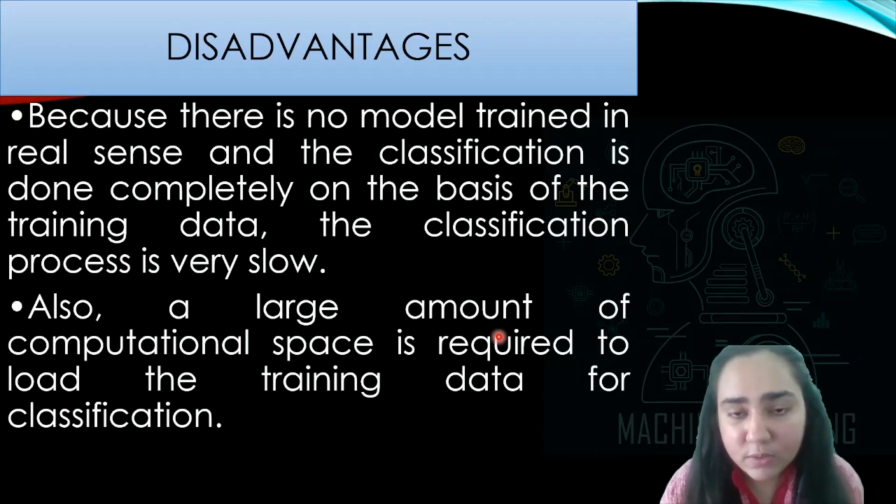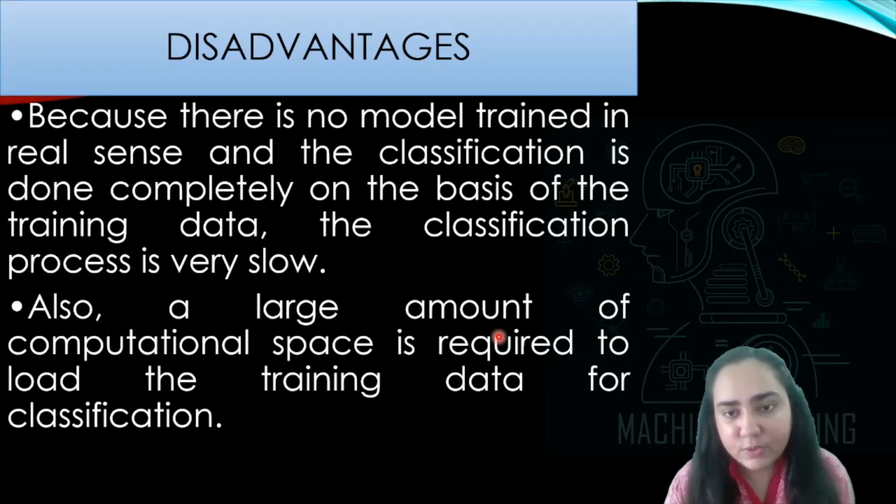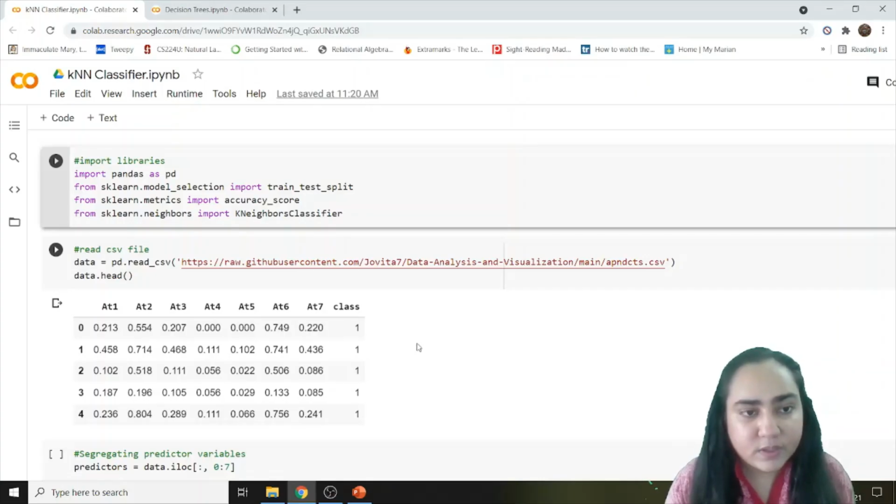Now we're going to take a look at a small program that shows you how Bayesian classification works in practice. So here is the KNN classifier implemented. And to do the implementation, we have to first import certain libraries. So we are going to be using the pandas library for reading our CSV file.